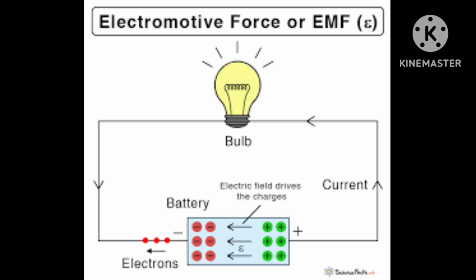Actually, the first time only this was made. This is also a galvanic cell. But in the Daniel cell, Zn in Zn sulfate and copper in copper sulfate will be used. Then it will be called a Daniel cell. But this is actually an example of a voltaic or galvanic cell also.